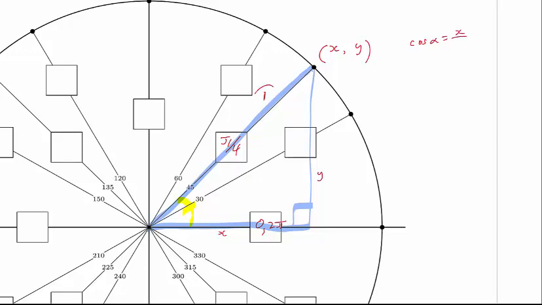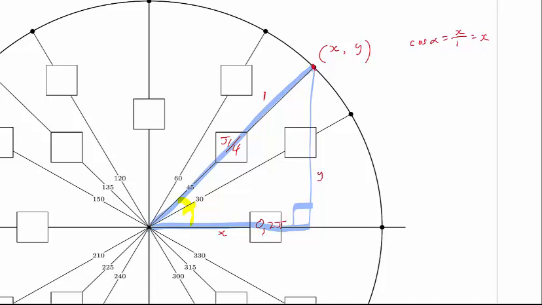But what is the hypotenuse? The hypotenuse is 1. So cosine of alpha is x. And this will be true for any angle on the unit circle, right? And again, we're looking at this point right there.